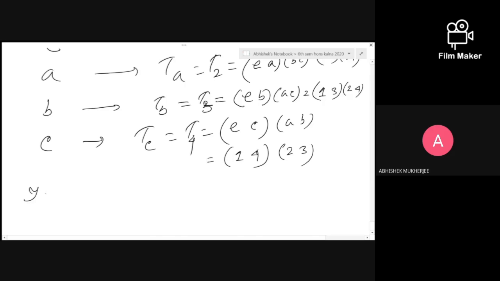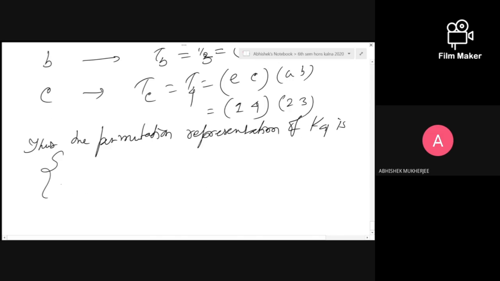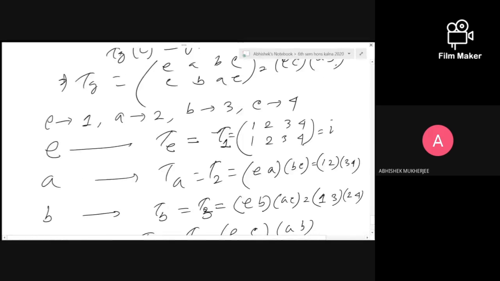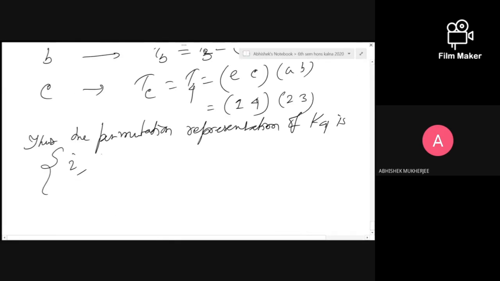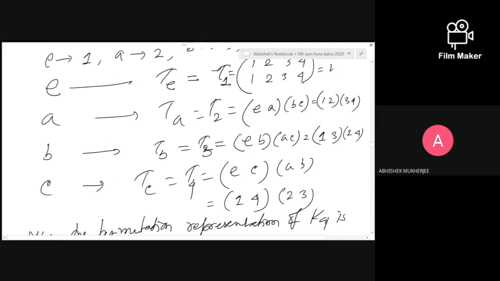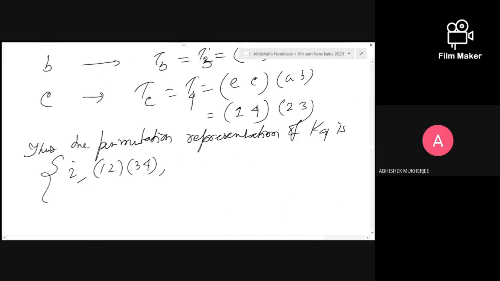So thus the permutation representation of K4 is, what is K4? First the identity permutation, and for A it is 1 2 3 4, 2 1 4 3, and for B it is 1 3 2 4, and for C it is 1 4 2 3.